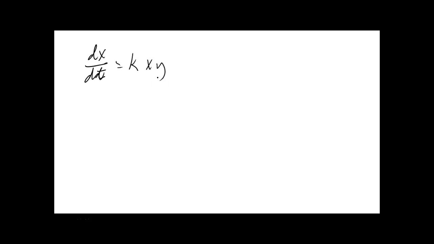Now, I don't know if that makes a lot of sense to you. Why would it be that way? X is the number of people that have been exposed, Y is the number of people that have not. Well, if not many have been exposed, say you're in a group of 1,000 and only one has been exposed, the rate at which that person is going to interact with others is going to be pretty small, okay?